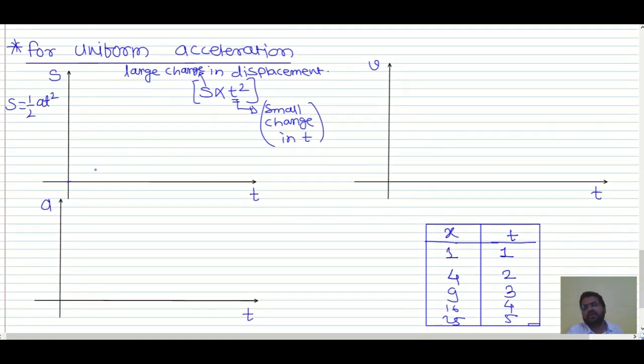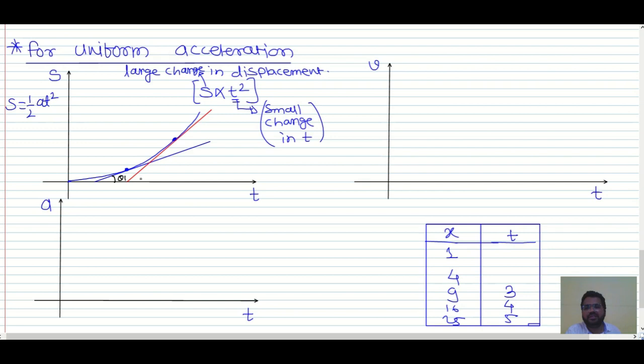The graph is parabolic and it is increasing, somewhat like this. And as you can see, if you take the slope at this point, it will be somewhat like this. And if you take the slope at this point, I'll just change the color, it will be somewhat like this. And as you can see, the slope is increasing, isn't it?